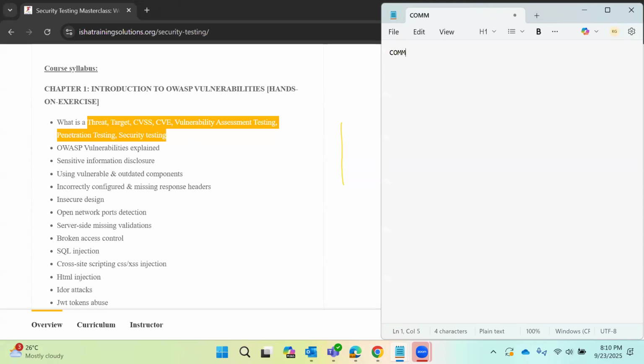So, common keywords that we use in security testing. I'll increase the font size.